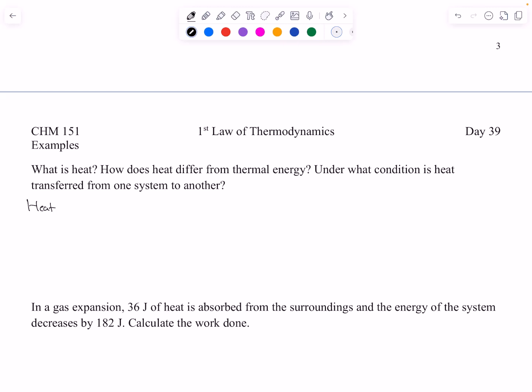All right. So heat. Hopefully you paused. All right. Heat is thermal energy. Right. Total amount.